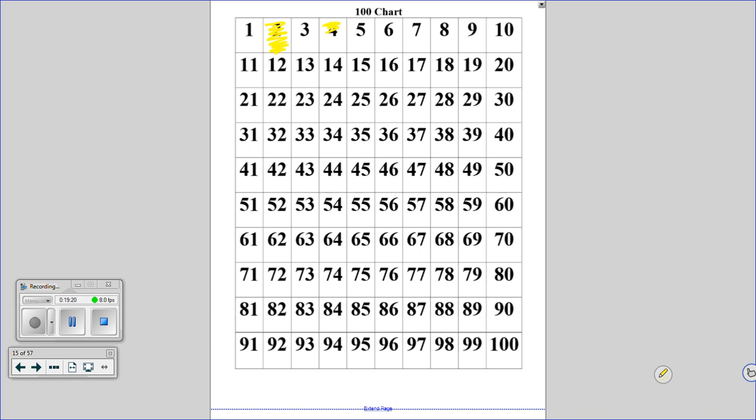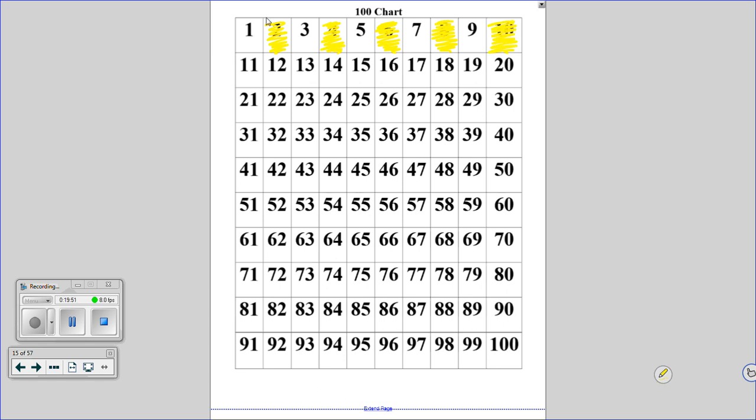Color in 4. 2 times 3 is what, Emily? 6. 2 times 4, Tracy? 8. 2 times 5, Jackson? 10.